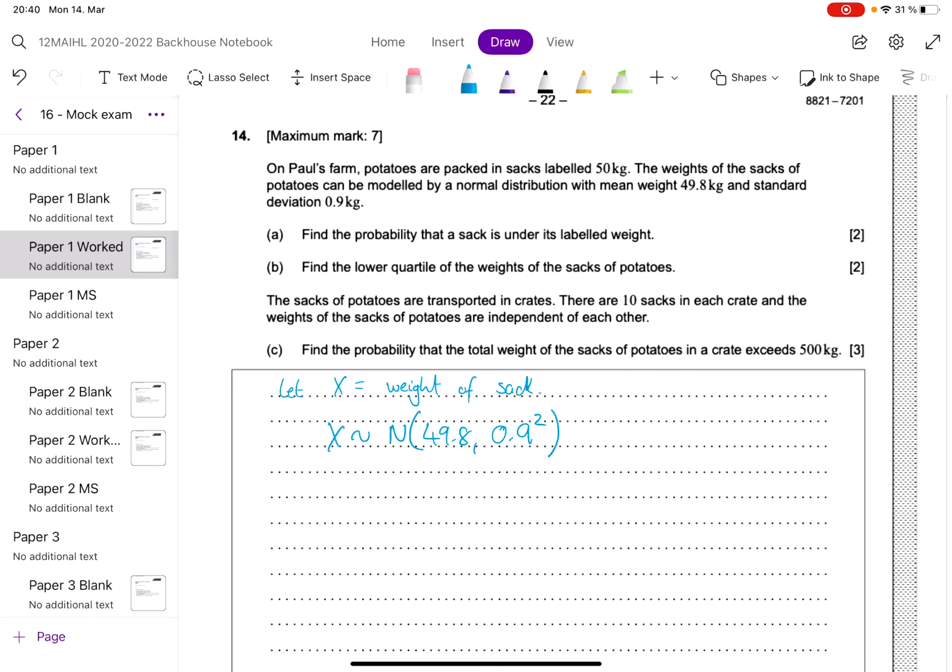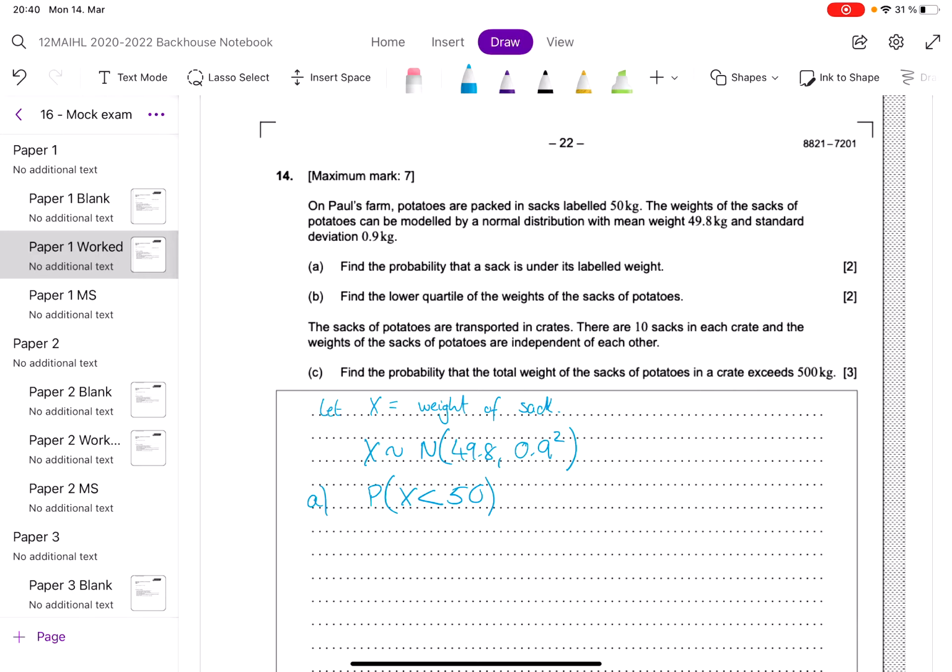So we have to give the variance, and then find the probability that a sack is under its labelled weight. So the label weight is 50. All of this is important for trying to get some method marks. If you're not getting the answers right, having accurate notation is going to help you a lot.